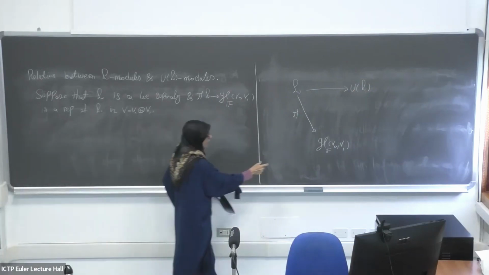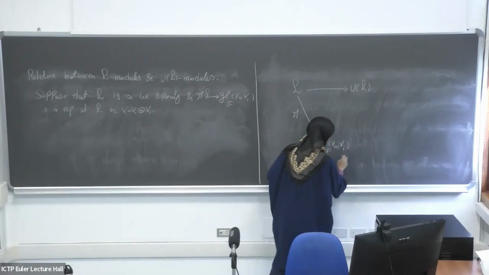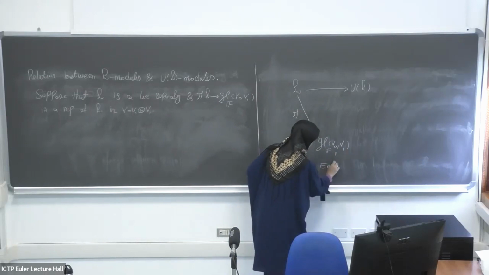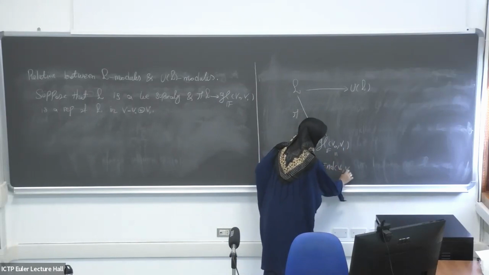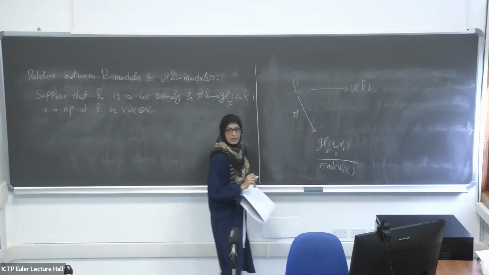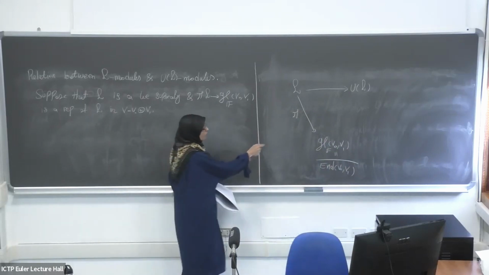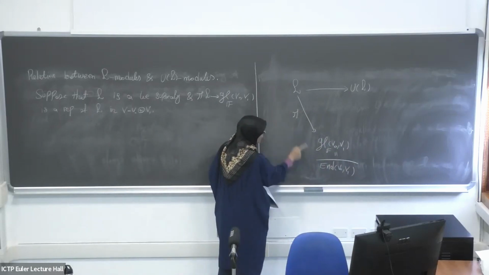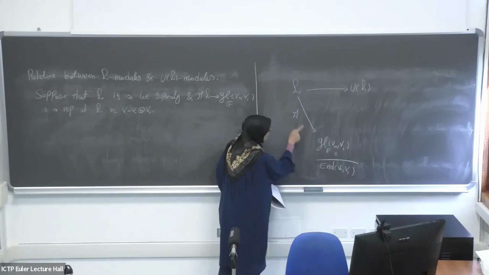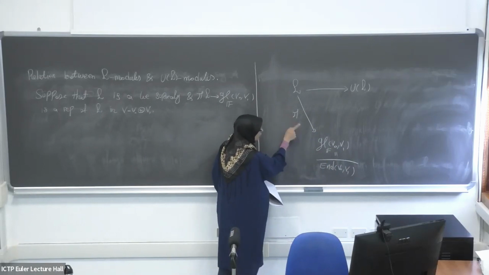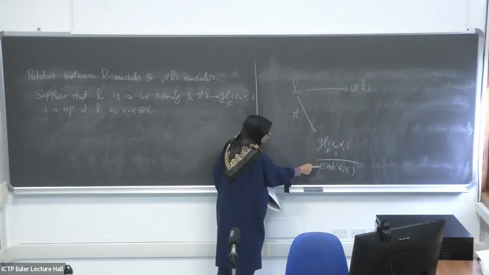We have a Lie superalgebra homomorphism to GLF V0 V1, which is the endomorphism of V0 V1, and this is a Lie superalgebra homomorphism.